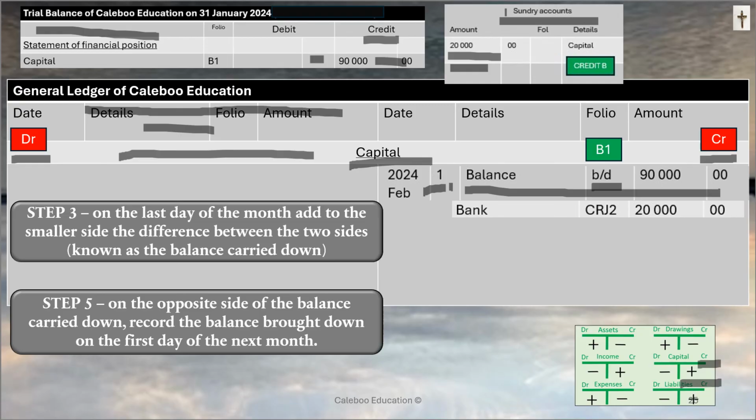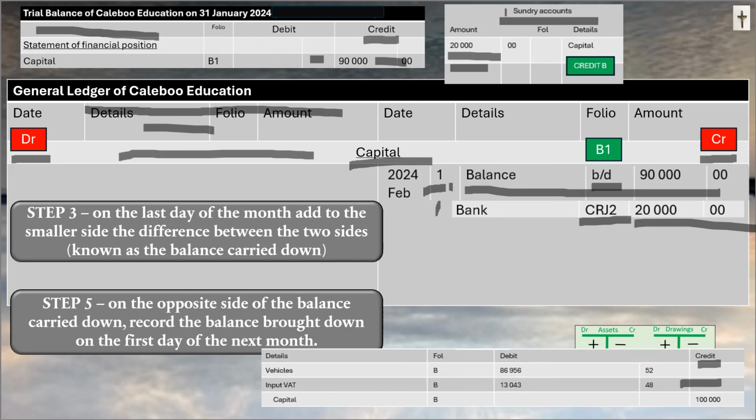This happened on the 1st, so I don't have to write the 1st again. The contra account is bank. Where do we get the information? From the cash book receipts or cash receipts journal. The amount was 20,000.